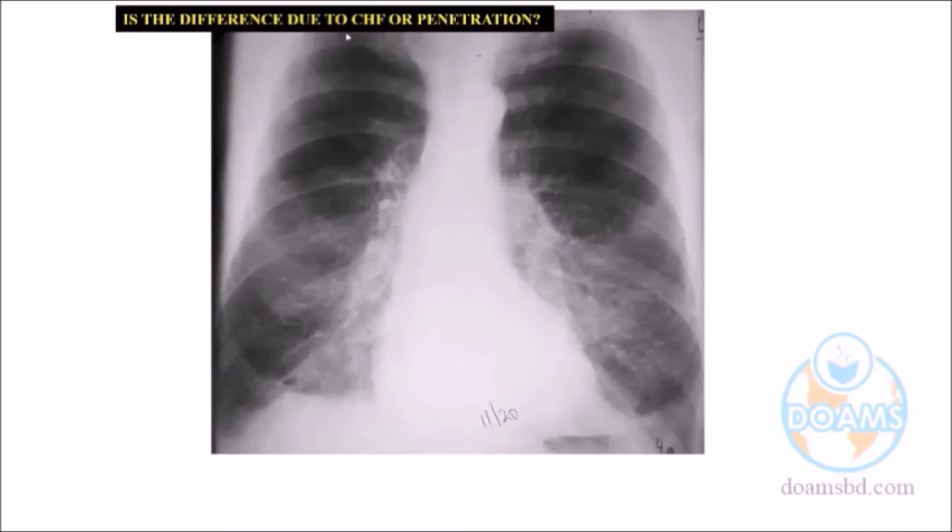Is the difference due to congestive heart failure or penetration? Can you opine here? Anybody? Penetration. Yes, this is penetration. Just before, I showed one X-ray like this. So this is a less penetrant X-ray.